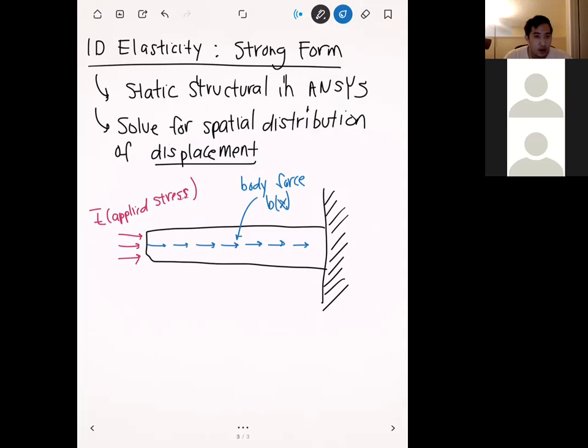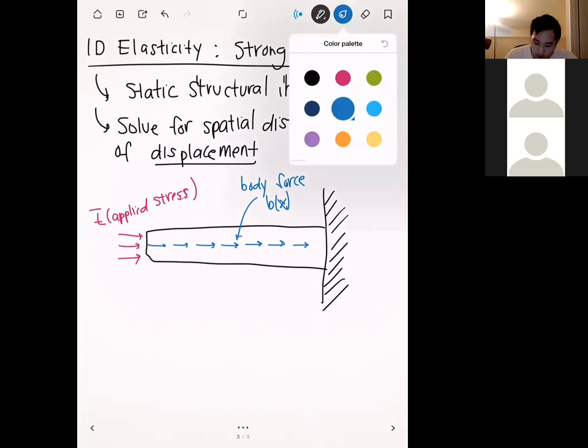A primary example of a body force would be gravity, which is felt throughout your entire body because it acts on all the individual particles. Another example could be an electromagnetic force. If you're in a magnetic field, then you have a force pulling you along with that field.